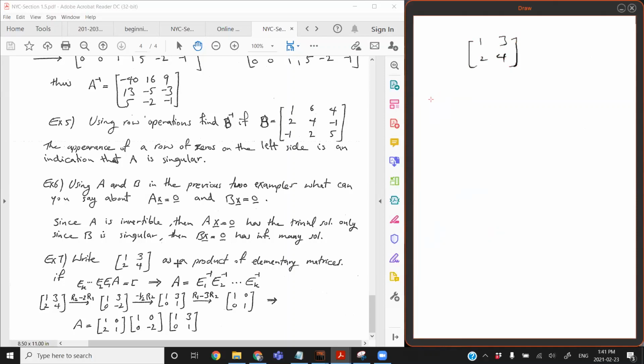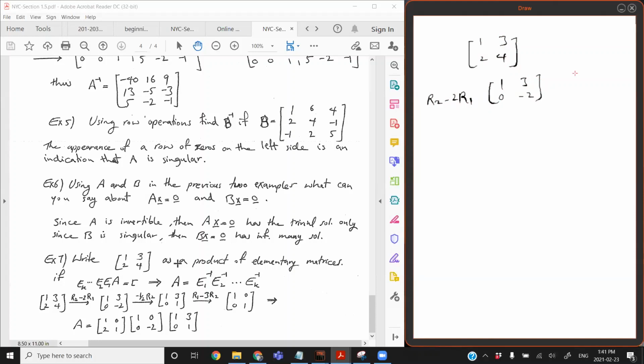So the first thing I need to do is this row operation. I need a 0 here. So row 2 minus 2 row 1, right? 1, 3, negative 2 times this added to this: 0, negative 2 times 3, negative 6 added to 4, negative 2. So that's the first row operation.